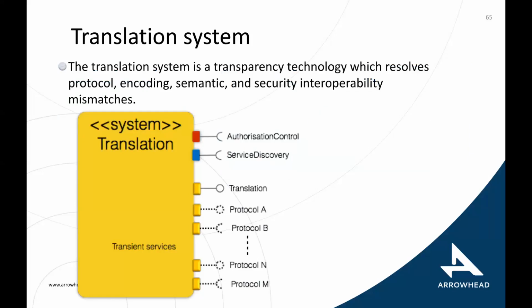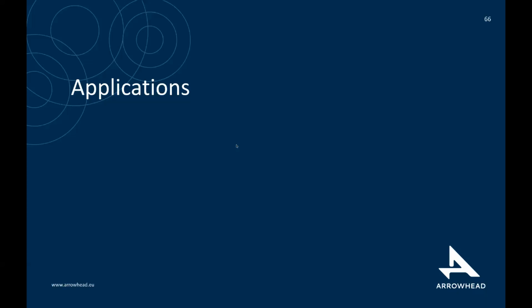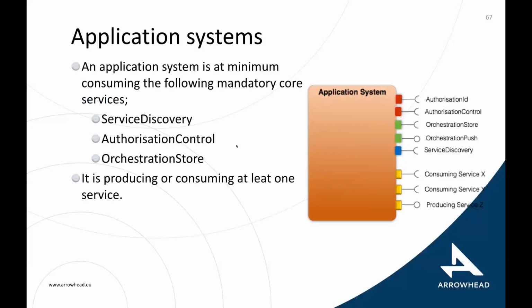We have Polish partner DAC who is working on the integration with IDS, and also Fraunhofer has provided translation between Arrowhead and DASys, a German project. And in the end, we need to build application systems, and this is normally where most people will end up, only using the existing Arrowhead Framework core systems.